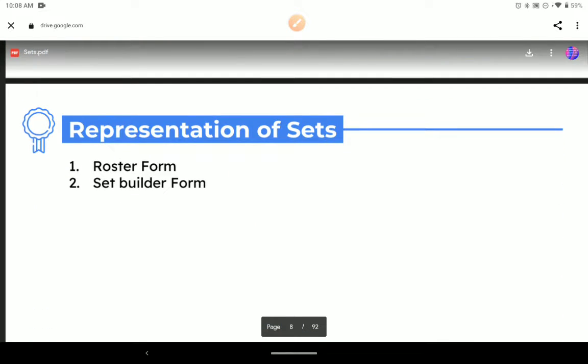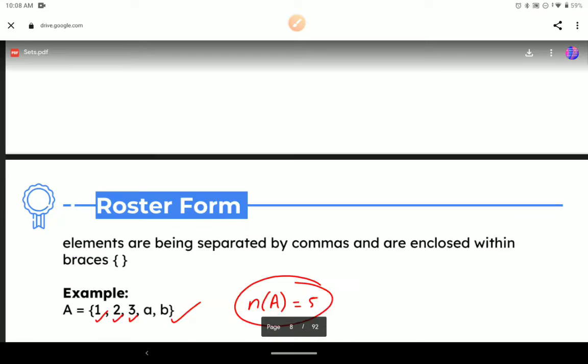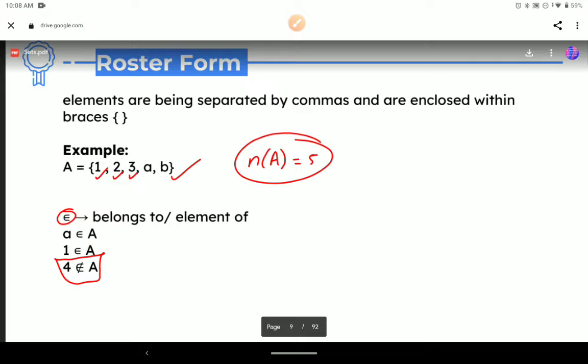Now, representation of sets. Sets are represented in two forms: roster form and set builder form. In roster form, elements are separated by commas and enclosed within braces. See here, only elements are there, separated by commas. So this is an example of roster form.